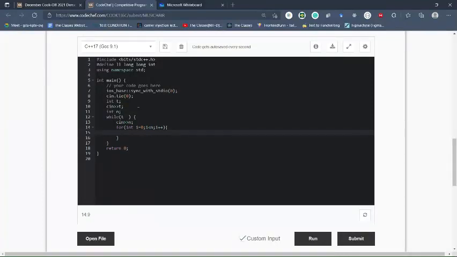If we write this code, first we'll do n minus minus, that is n minus 1, and if we write i equals 0, i less than n minus 1, then we'll get the error time limit exceeded.